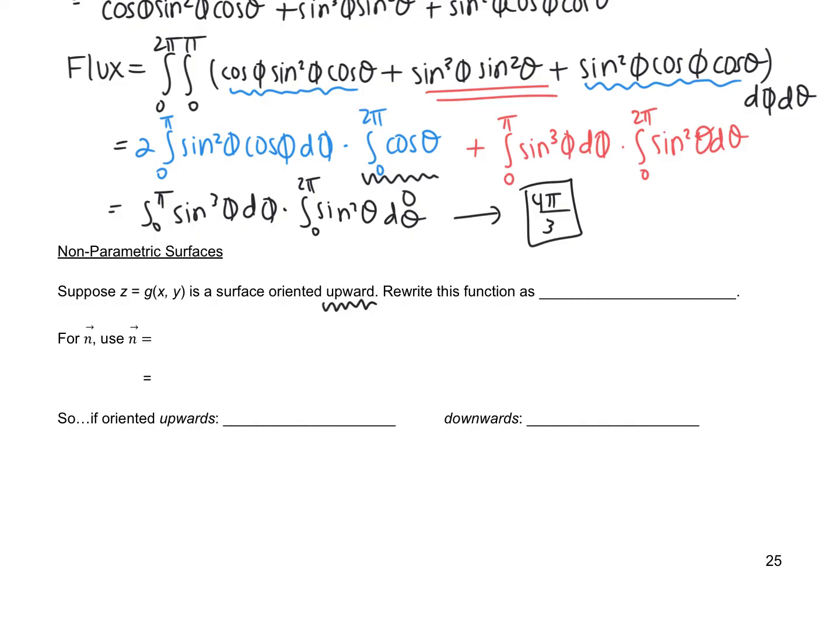Okay. So what we're going to do then is rewrite that function as z minus g of x, y equal to 0. The reason that we're going to do that is we can then calculate n, the natural orientation. We're going to write that as the vector negative partial with respect to x, negative partial with respect to y, comma 1, over the magnitude.